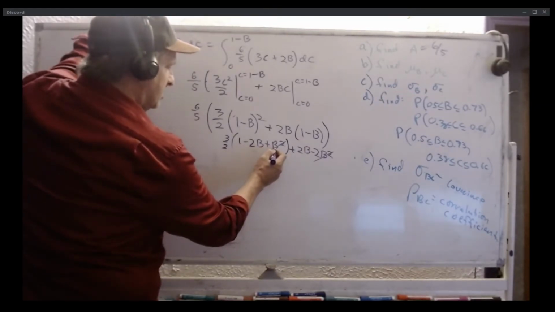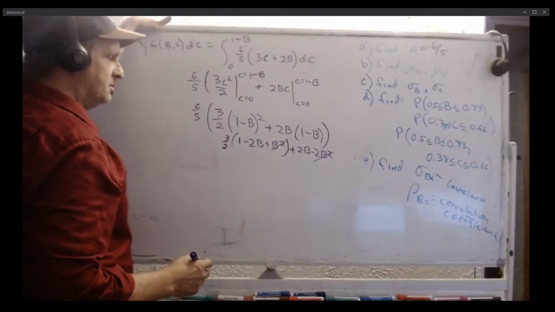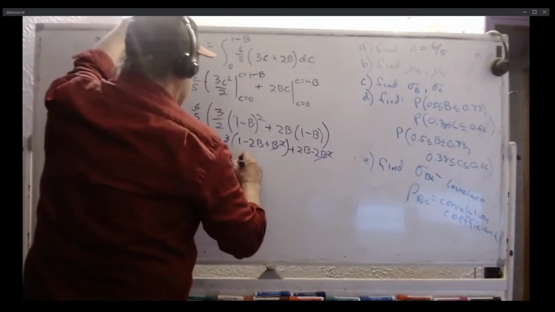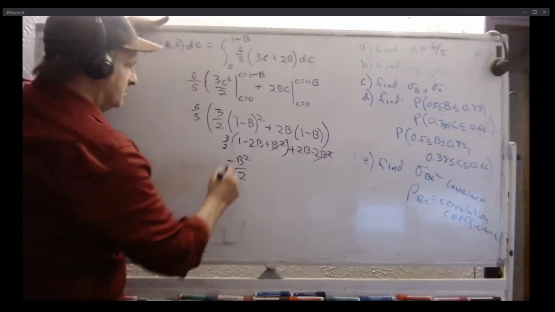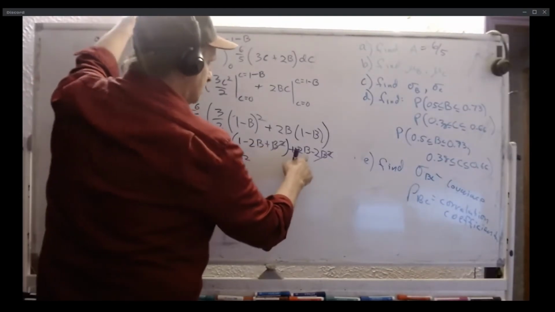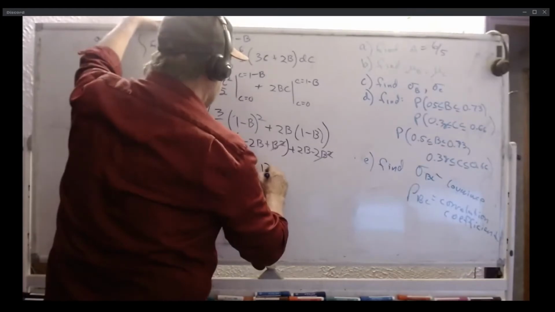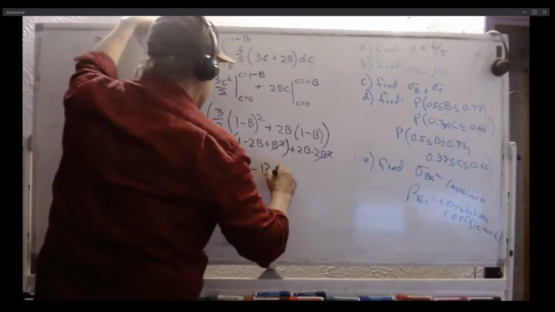What do you get? 3/2 of B squared minus 2B squared, right? It's going to be negative 1/2 B squared. And then 3/2 of 2B is negative 3B plus 2B. And the constant term is going to be 3/2.